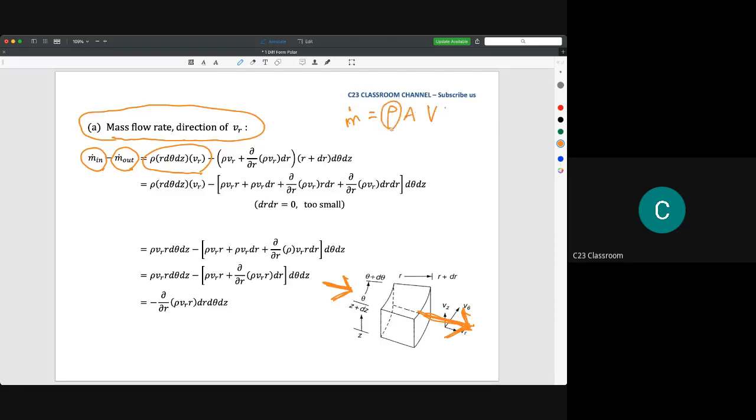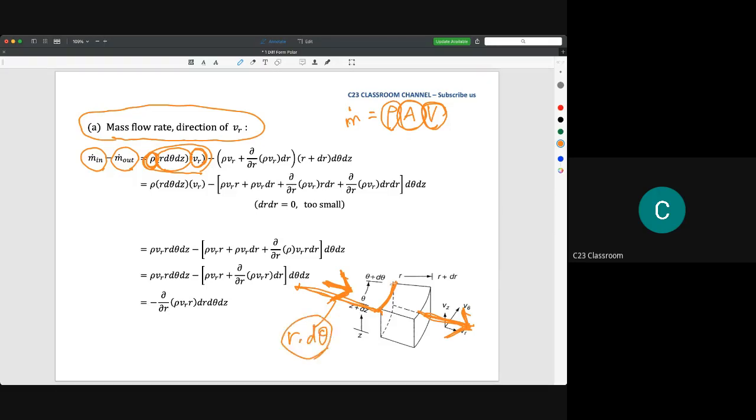So rho here can be written as rho. The velocity here is the component velocity according to the R axis, so we write it as VR. And A here can be written as R d theta dz. So what is R d theta dz? The distance here is R, and we could calculate the length of this curved line by multiplying R and the angle.